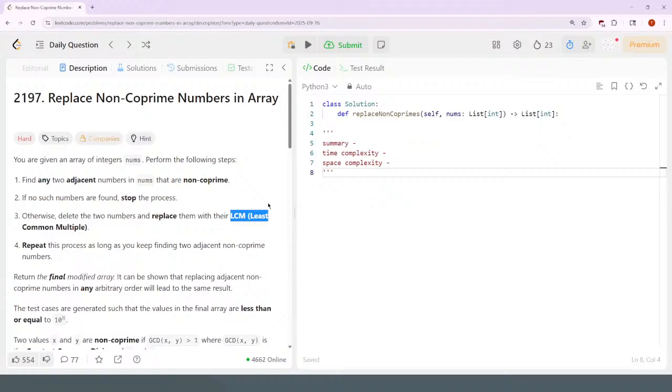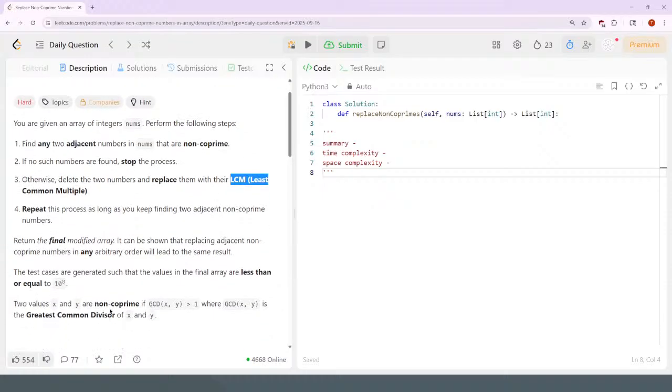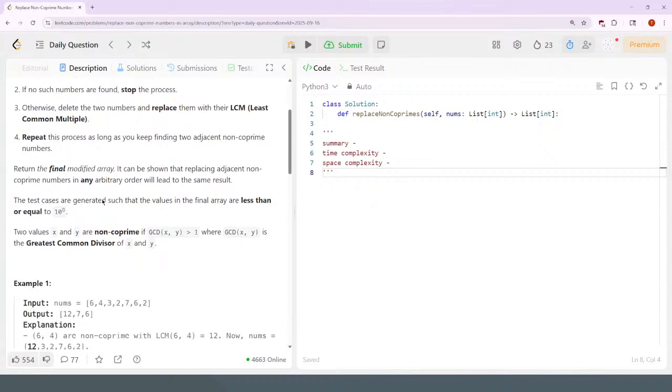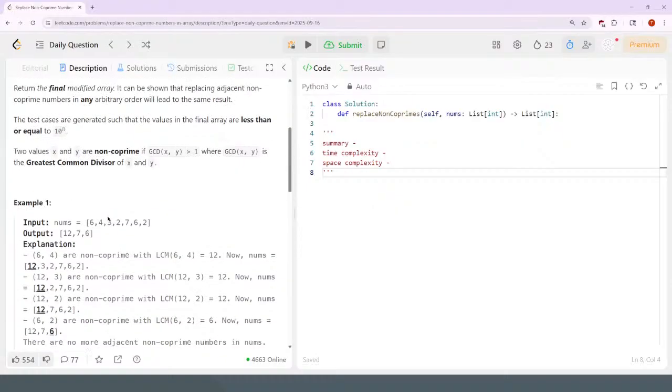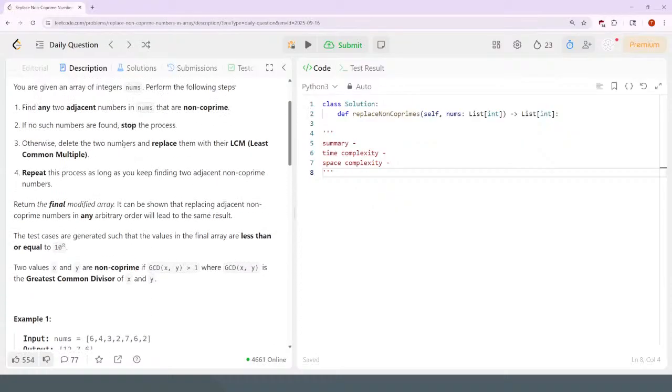Because if they are not coprime, and they don't share any factors besides 1. So yeah, I'm pretty sure it'd be the product of those numbers as the replacement.